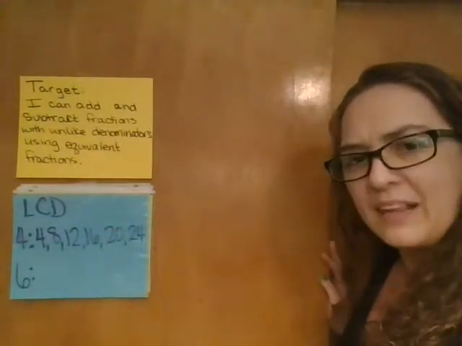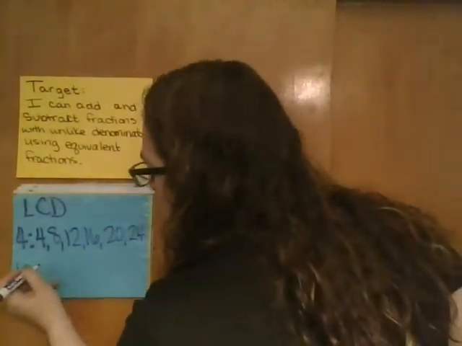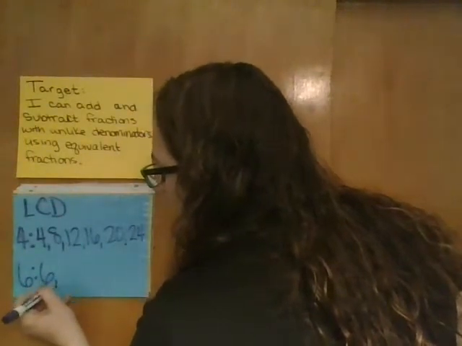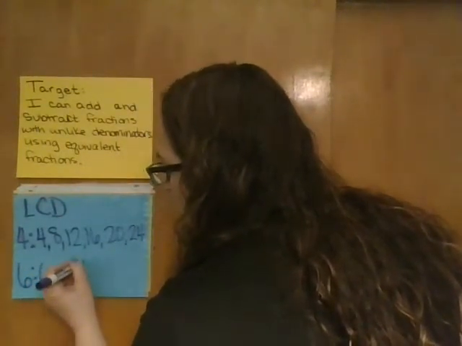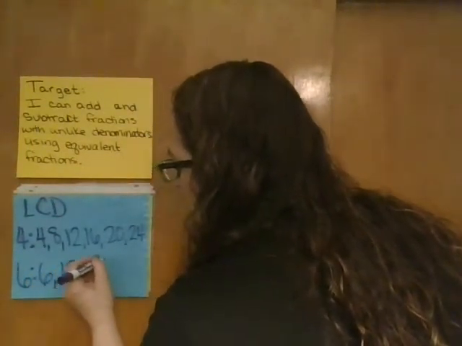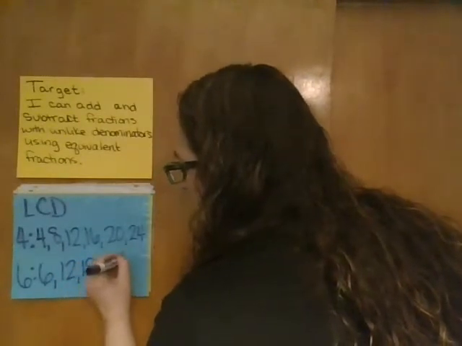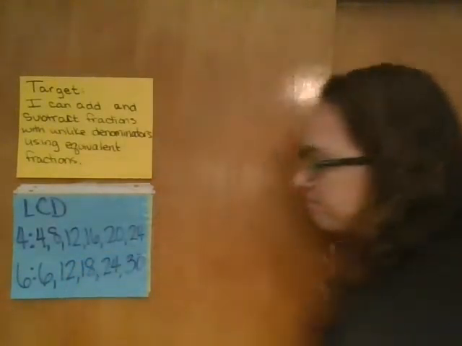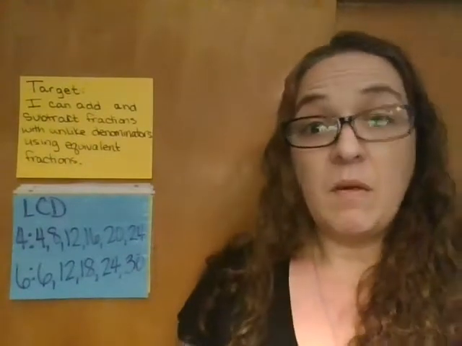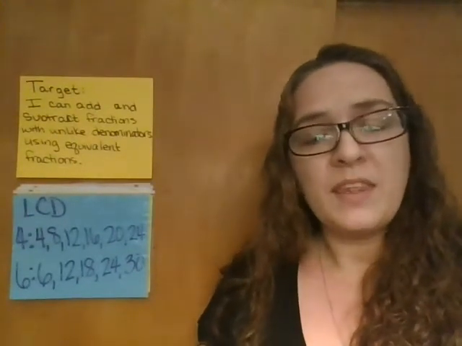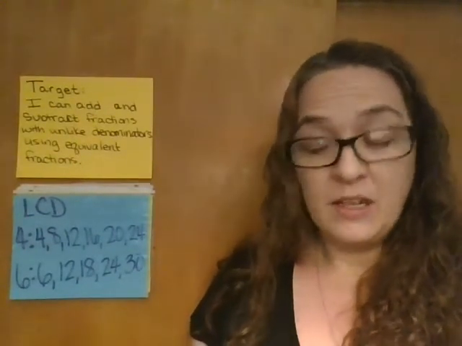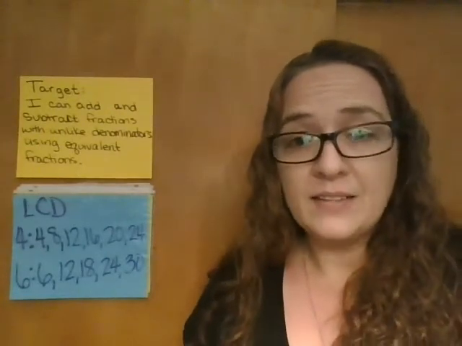I could keep going, but I think I have enough. Now, for 6, do the same thing. 6, 12, 18, 24, 30. Now, I have told my students that usually within the first 5 multiples of each number, you could probably find the LCD.